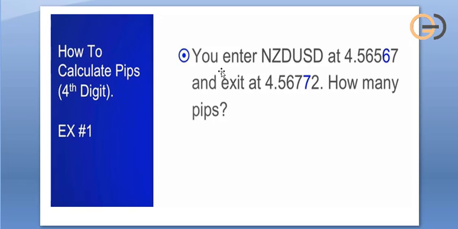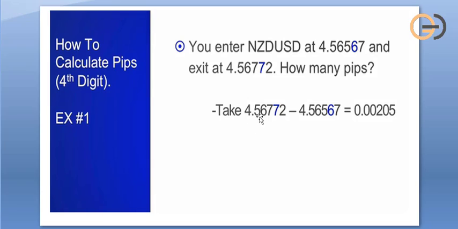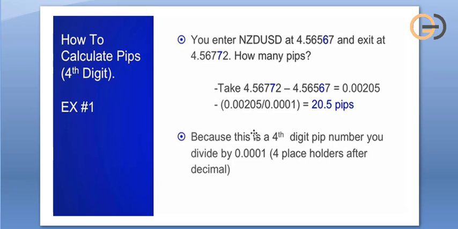For example, you are trading the currency NZD/USD at 4.56567 and you exit at 4.56772. How many pips? You remove the entry point from the exit point, that is how the pip is gotten.